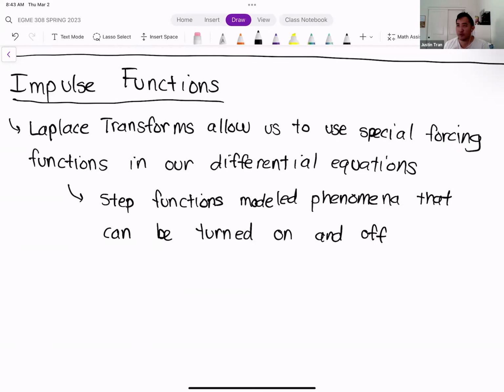Impulse functions kind of belong to the same category. Impulse functions are a special forcing function. What they are really good at is modeling something that takes effect only for a very brief instant of time.